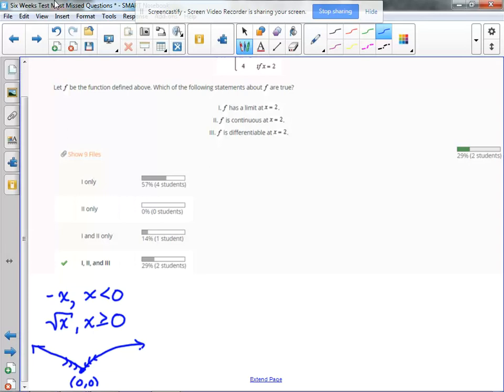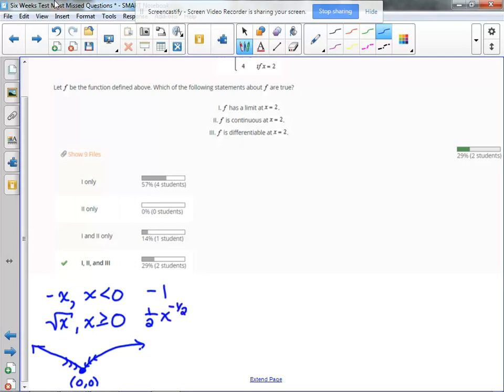Is it differentiable? Well, hopefully you remember differentiable. If it's continuous, usually it is differentiable, except for sharp points and vertical tangent lines. Well, that looks like a sharp point, but let's verify it algebraically. The derivative of the first piece is -1. The derivative of the second piece is 1/2 x to the -1/2.